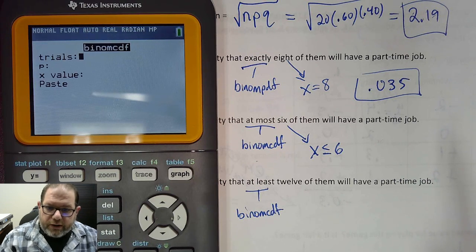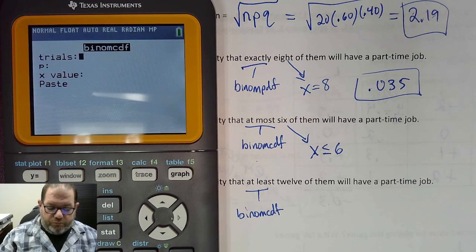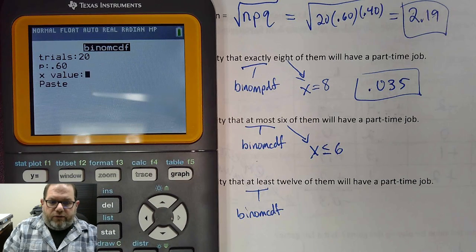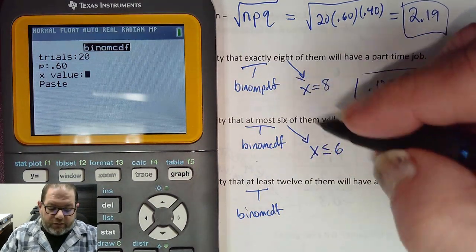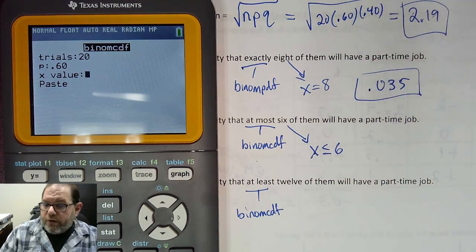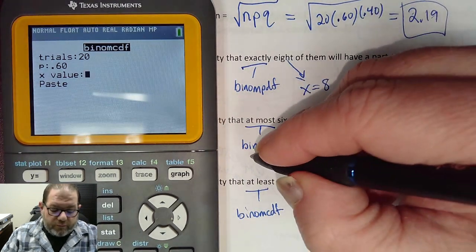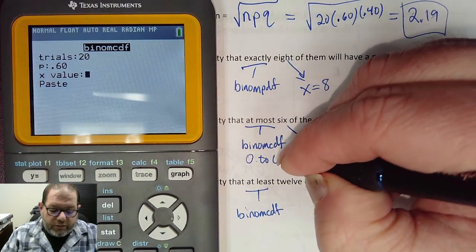So binomial CDF. Now, 20 trials, probability of success is 0.60. Those don't change. Now, x, so if we say at most 6, that's the way that the binomial CDF function works, because the binomial CDF goes from 0 to 6.